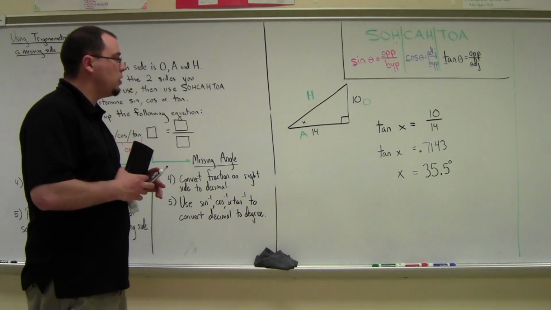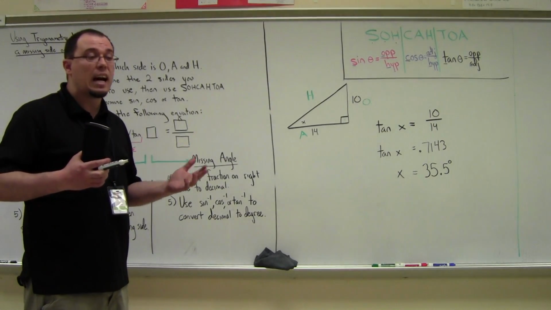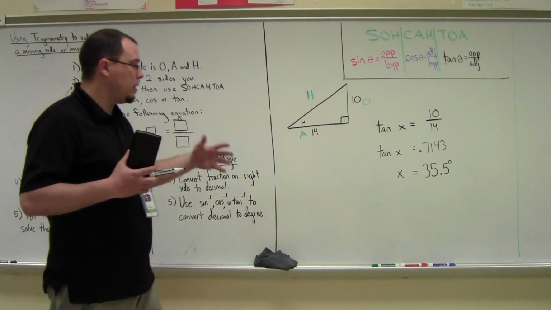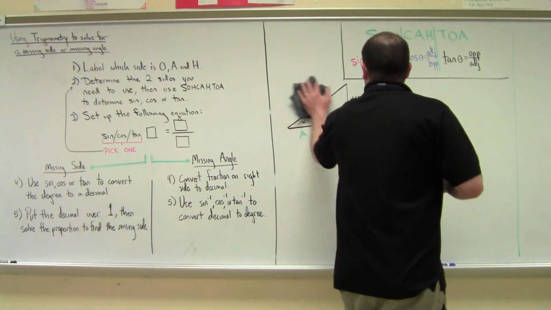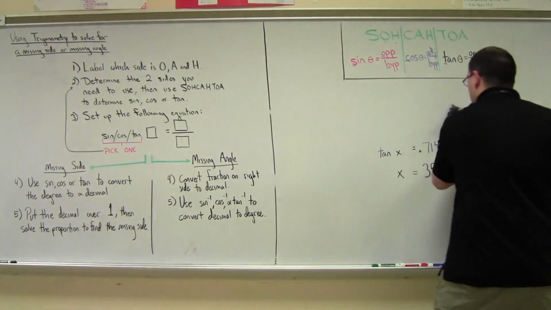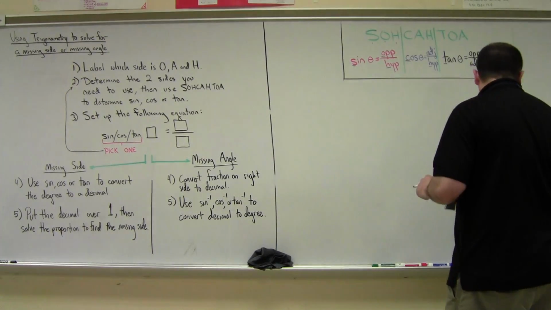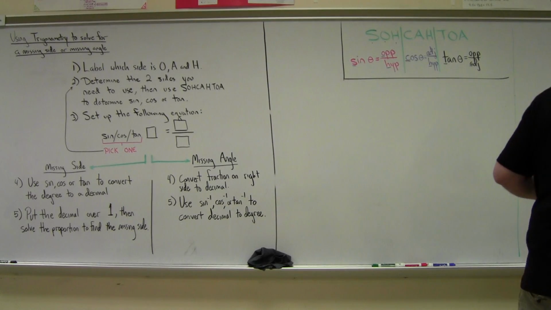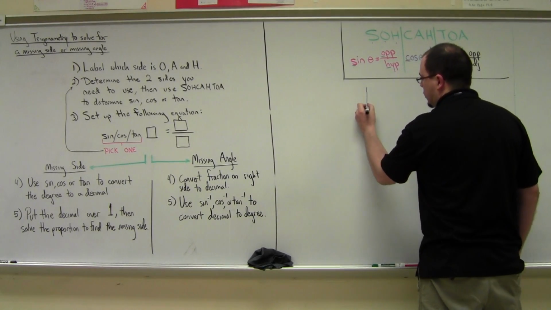Final problem we're going to do, we'll do one more. Only this time we'll solve for a missing side, which we did already, but this time we'll do it with a little bit of a break so you guys can figure out what to do. So let's say, and here's an example of how we might see this problem.